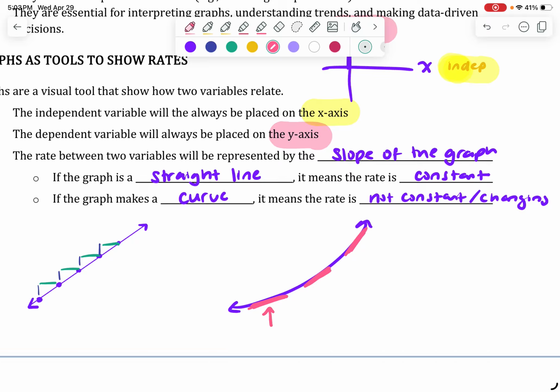This slope is much more gentle than this slope. And if you were sitting at the top and for some reason traveling towards the left instead of the right, like a fool, you would notice that the beginning of this slide would be much more steep and the end of this slide would be much more shallow of a slope. Go much faster at the beginning and then much slower at the end. That's because your slide is not one constant slope. It is a changing slope. That's what a curve shows.